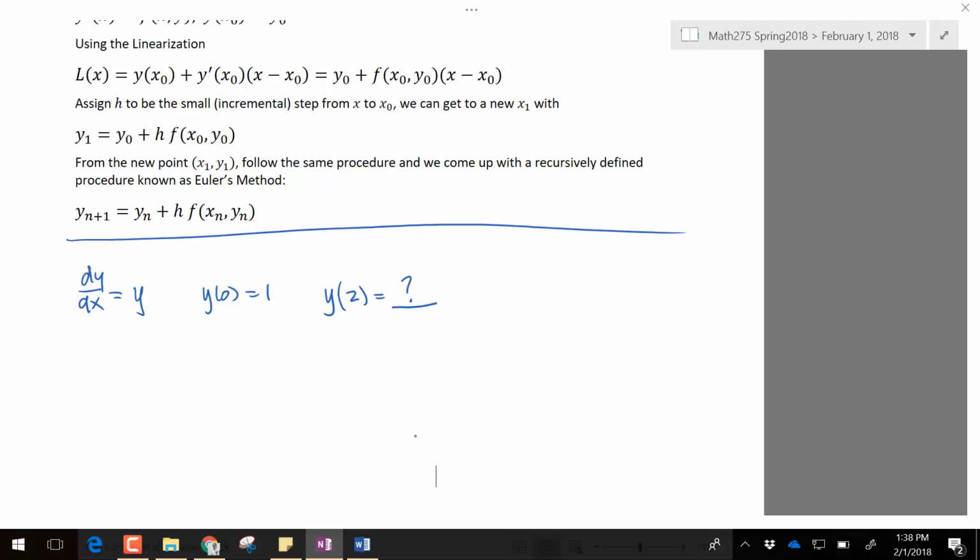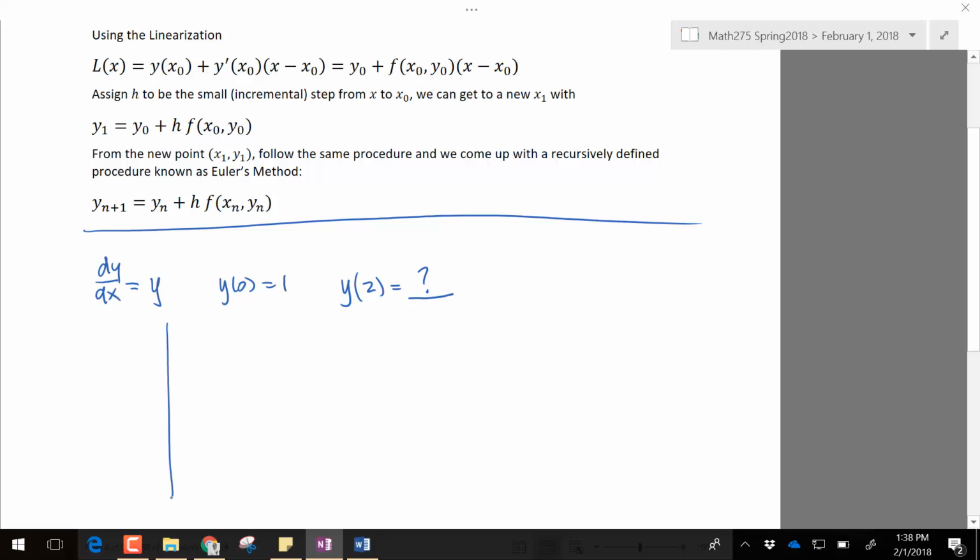We're going to do it without a slope field. When y of 0 is equal to 1, we're actually at this point 0, comma 1. And then we're going to figure out what the next step is from here. We want to figure out what happens at 2.